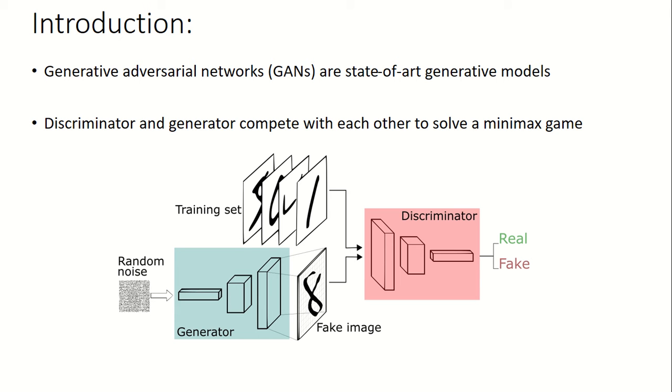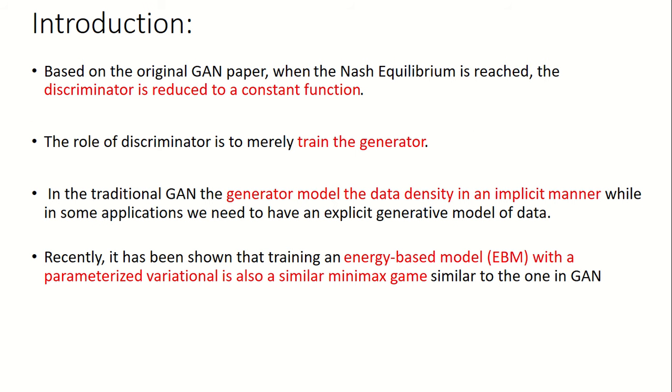So the competition between these two networks finally helps both of them to improve themselves, and this is like a min-max game or a competition between these two sub-networks. Based on the original GAN paper, when this Nash equilibrium is reached, when the training is finished, the discriminator is reduced to a constant function.